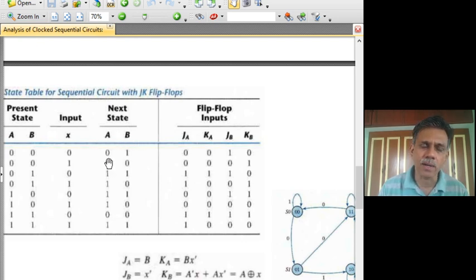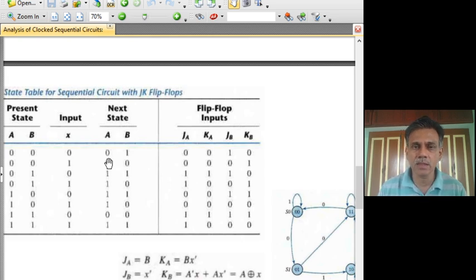So how do we arrive at A plus and B plus? We do that by looking at the characteristic equation of the JK flip-flops, or the truth table of the JK flip-flop.